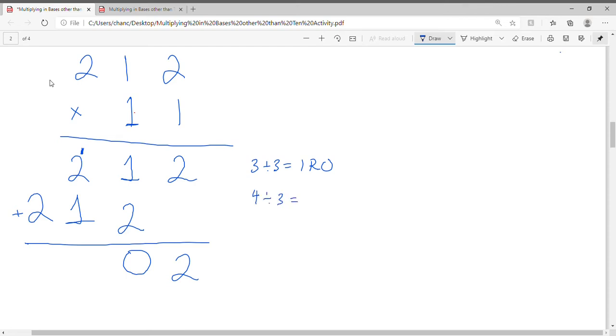We'll divide that by 3. I get 1, remainder 1. I have a 1. Carry that 1 over. 2 plus 1 is 3. 3 does not exist. We'll convert that with a 0, and we'll carry that 1 over. So our answer is 1, 0, 1, 0, 2, base 3.